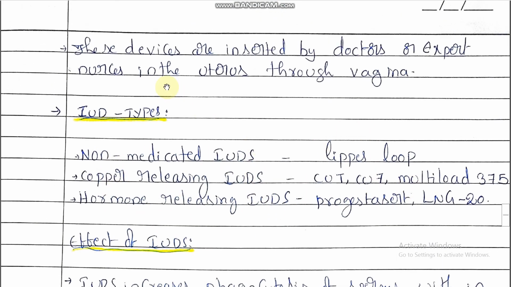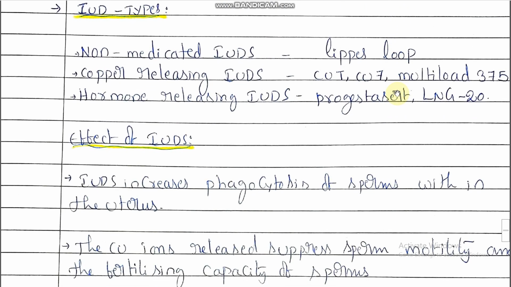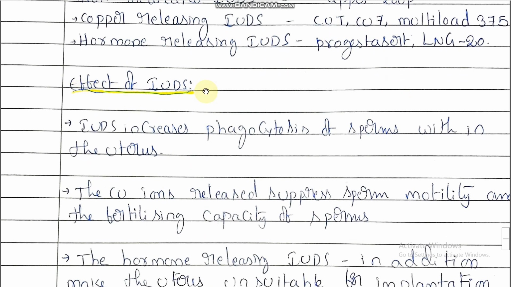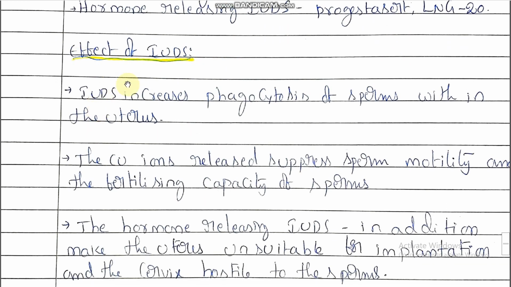So these devices are inserted by doctors or expert nurses only into the region of the uterus through the vagina of the females, right? Effect of IUDs: IUDs increase phagocytosis of sperms within the uterus.